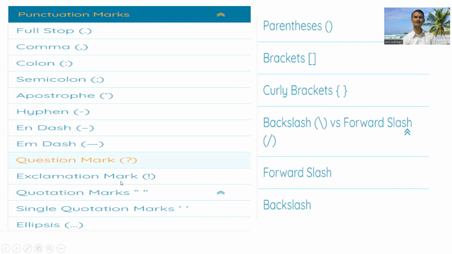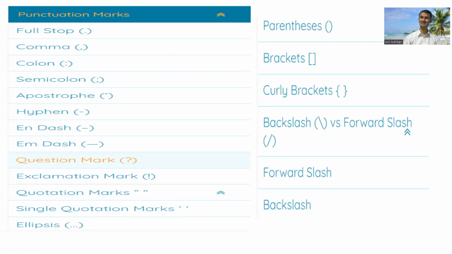This is exclamation mark. This is quotation mark. Single quotation marks. Ellipsis. Parenthesis, that is called brackets. Curly brackets. Backslash and forward slash. These are the punctuation marks that we have studied.